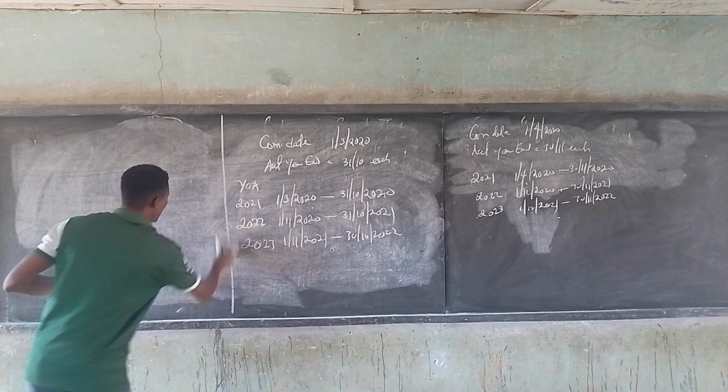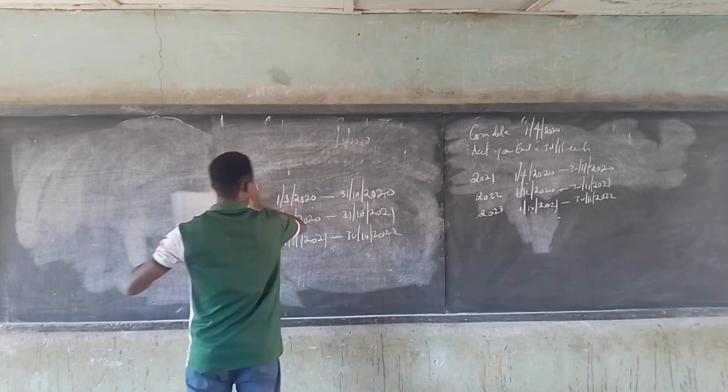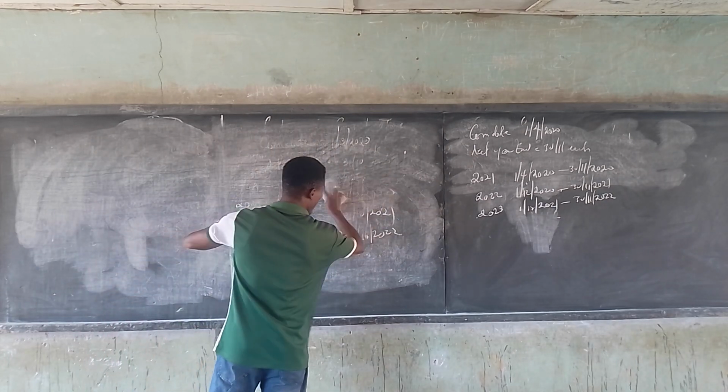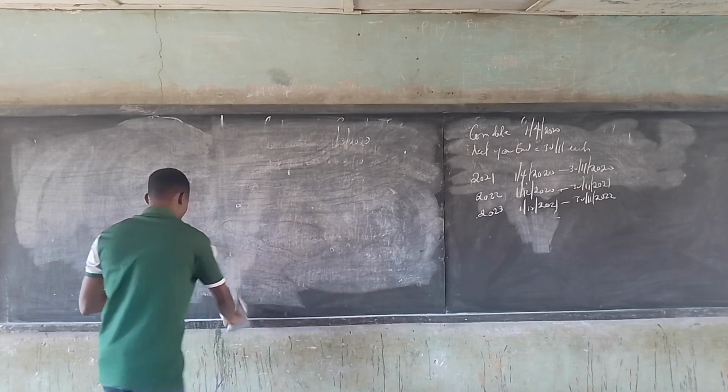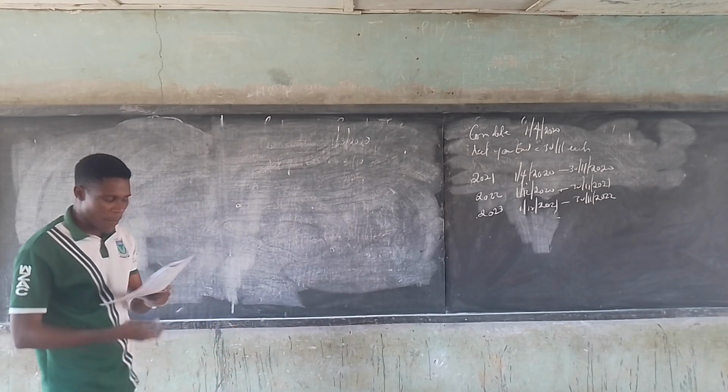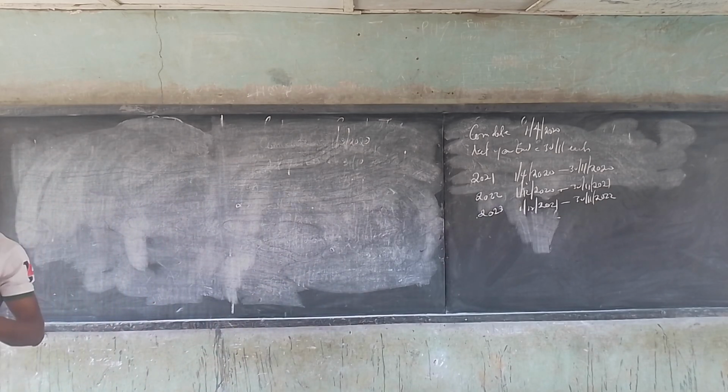Now, let's try to look at the question. Orion Limited was incorporated when? December 2018. I've told you last time that there's a difference between incorporation dates and commencement dates.